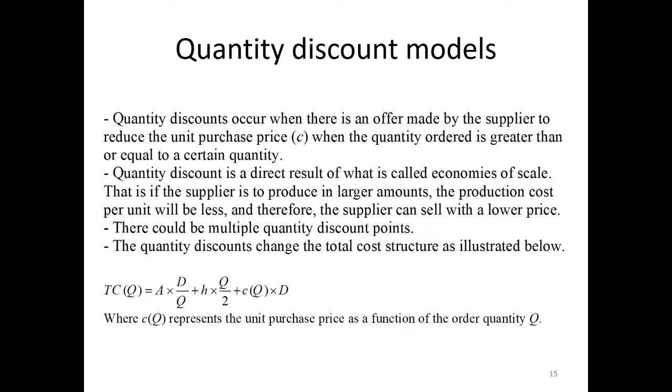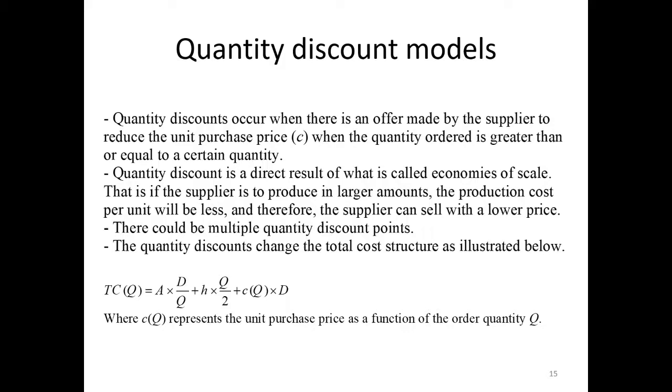So for instance, if I decided that my optimum EOQ value is 375, the supplier can give me an offer. If I purchase 400 units, this will allow me to have a lower purchase price per unit, and therefore this will reduce my total cost.